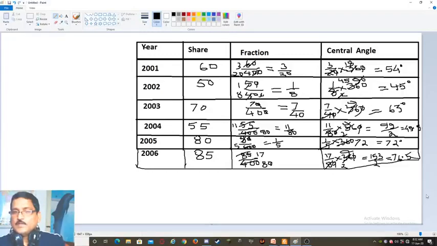If it is coming 76.14 or whatever it is, you cannot draw. 0.5 maximum you can accept, not more than 0.5.